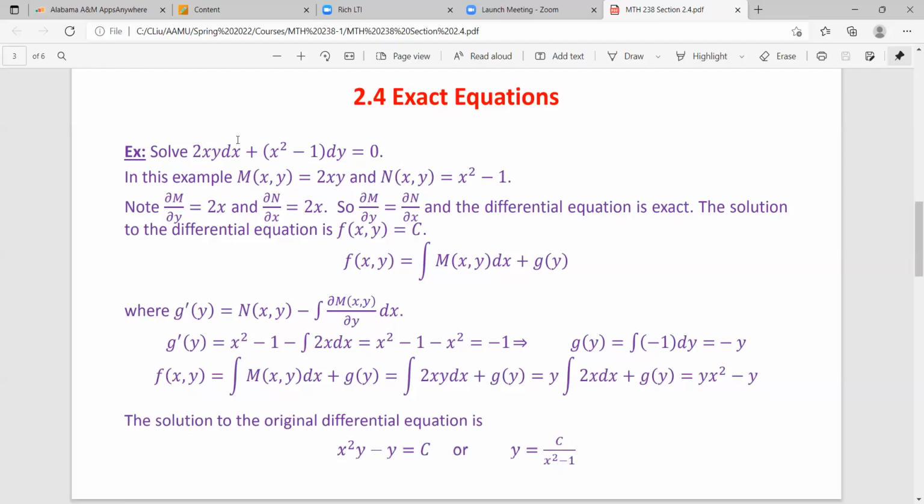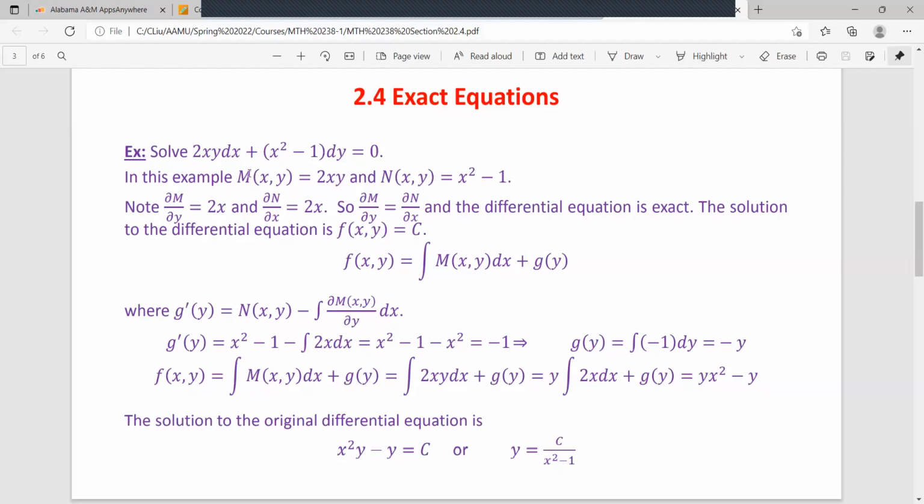If it is not exact, then you cannot do it in that way. In this example, m is just 2xy, the coefficient for dx, and n is x squared minus 1, the function in front of dy.